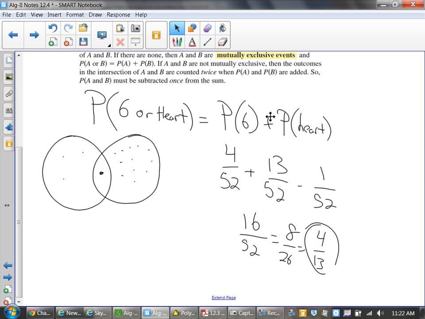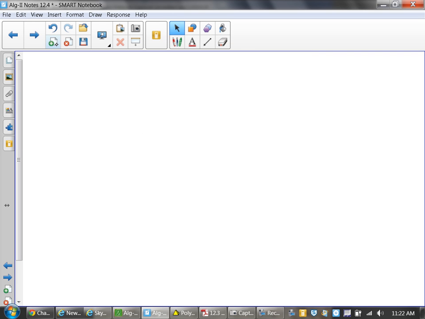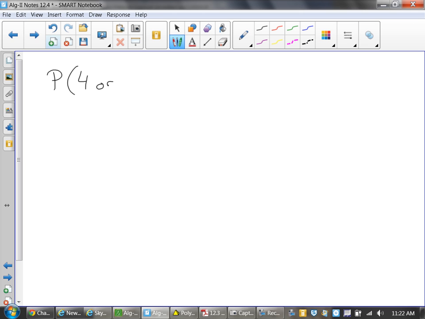Now, if I wanted to figure out the probability of flipping over a 4 or a 5, those are completely independent, or exclusive, of one another, aren't they? They don't share anything in common. So what's the probability of flipping over a 4?